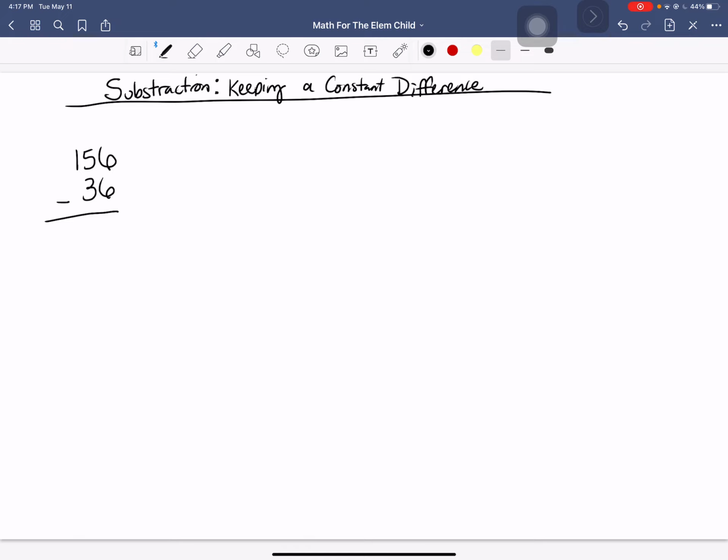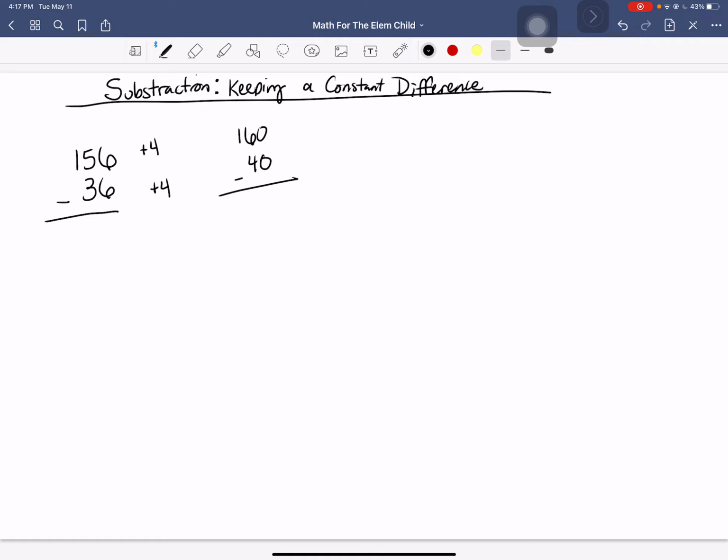So if we add 4 to 36, we will get 40. But we cannot just add a 4 to the 36. We also have to add 4 to the 156 to make 160. And these two expressions are equal. They are equivalent.